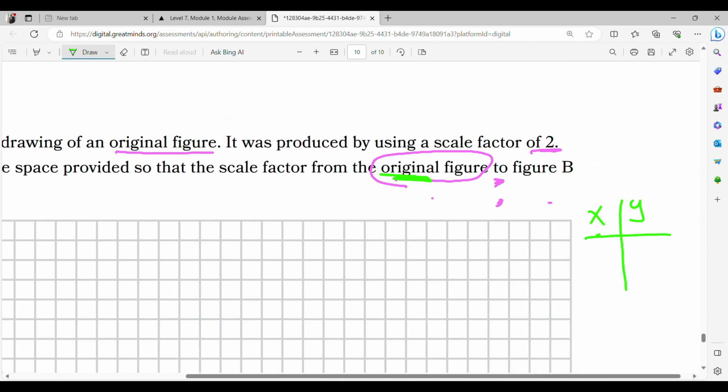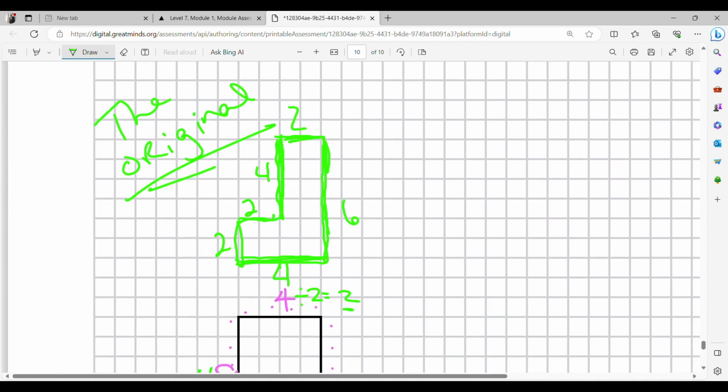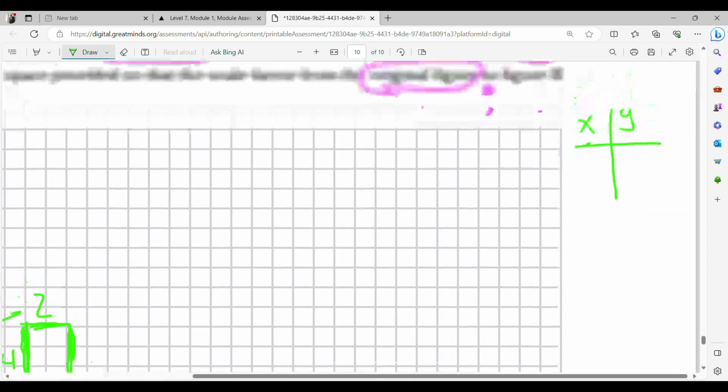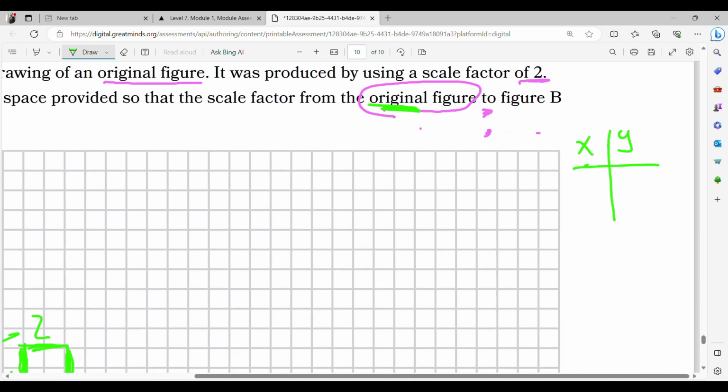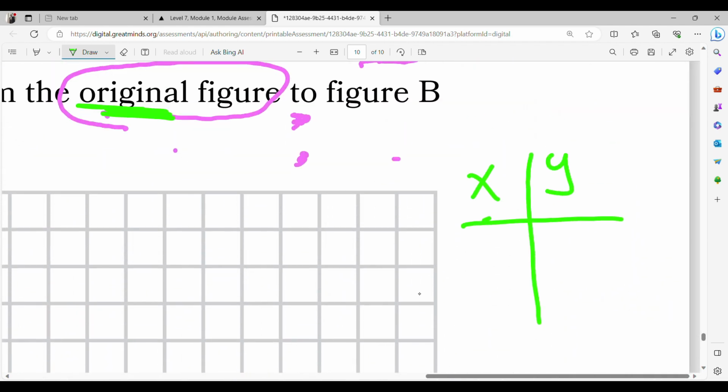So our dimensions are 2, 4, and 6. All right, let's go. So we have a 2, a 4, and a 6. We need a different color.